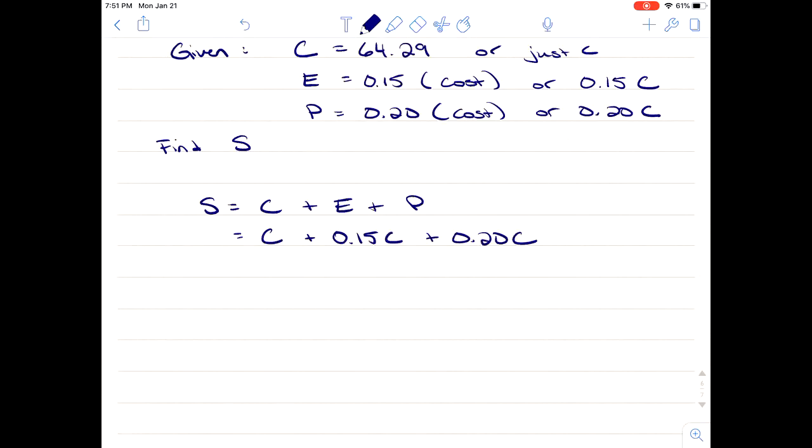So now we've got a C term in all of these. And so we can pull out a common C, factor out a C, and then we're left with 1 plus 0.15 plus 0.20.